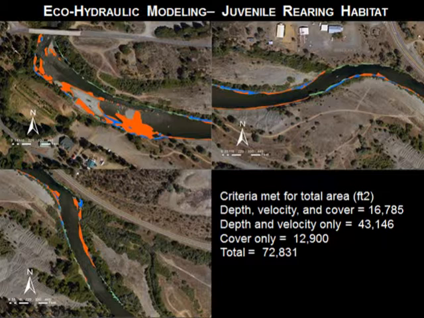Using hydraulic model output of depth and velocity primarily, we determine where would be most suitable for rearing habitat, and then compare that to existing conditions so we can justify how each alternative compares to existing conditions, or basically rank them against each other. And that can be fed back into that MCDA, multi-criteria decision analysis tool that I mentioned earlier.